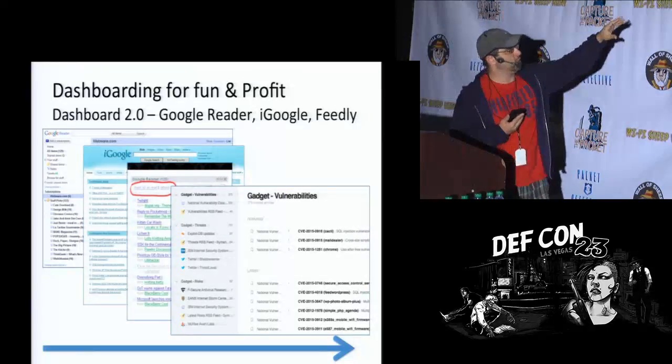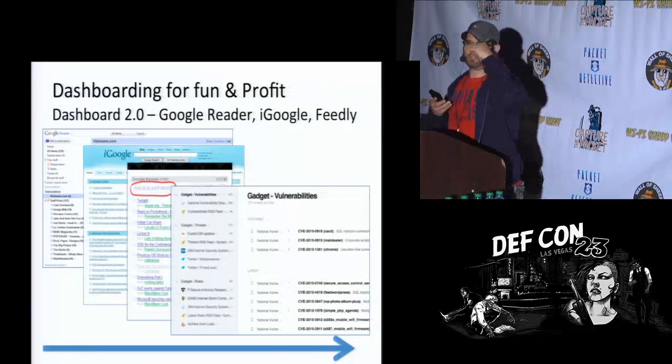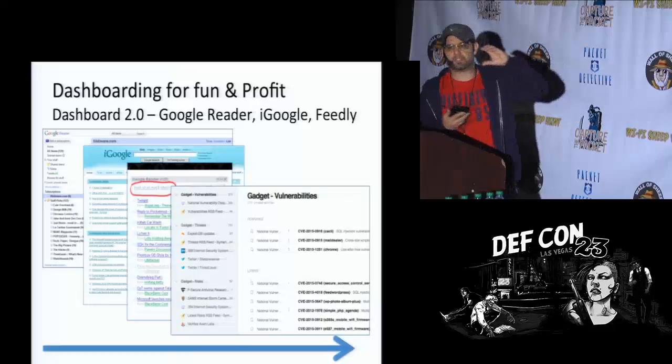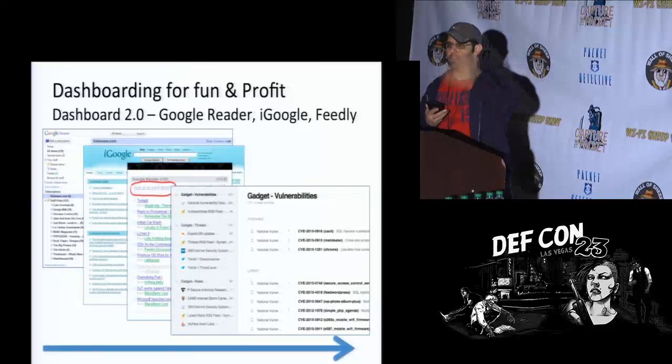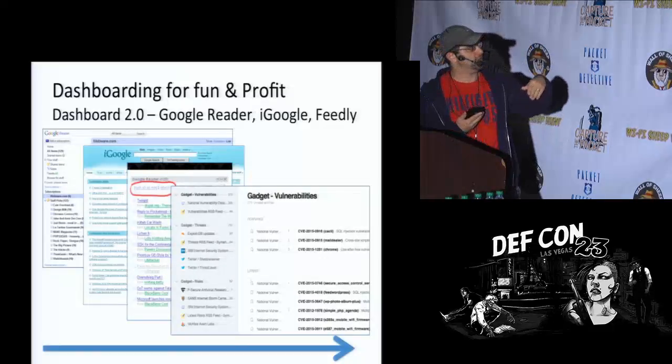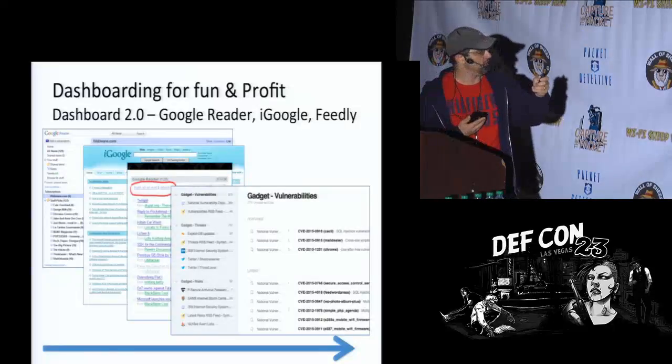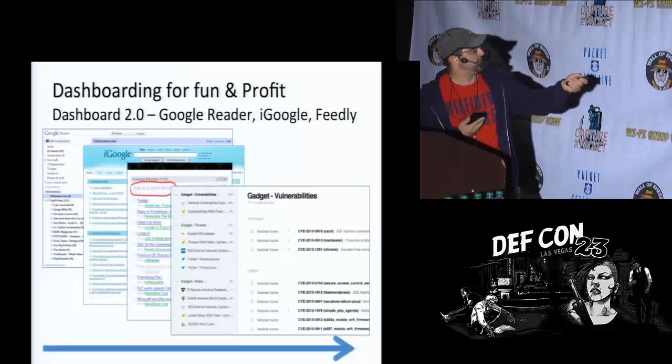What was cool with Google Reader is you could create a category and then you could put a bunch of feeds into that. And then you could get that category and all the feeds associated with it, and you could put it into an iGadget, like one of these little iGadget things here.